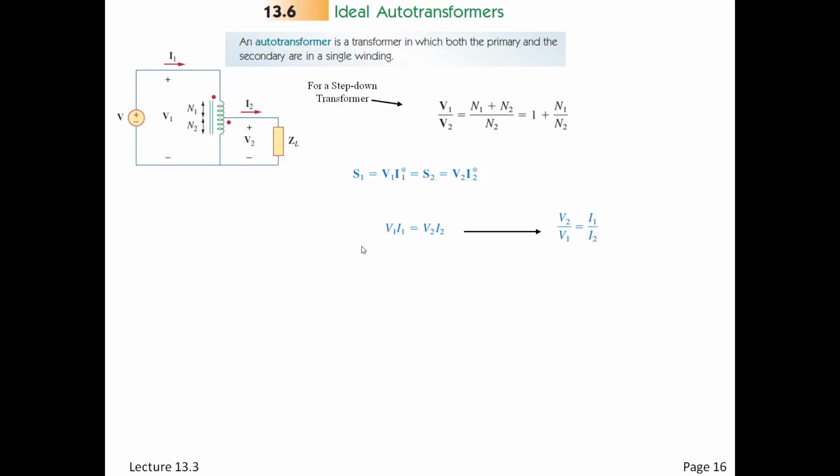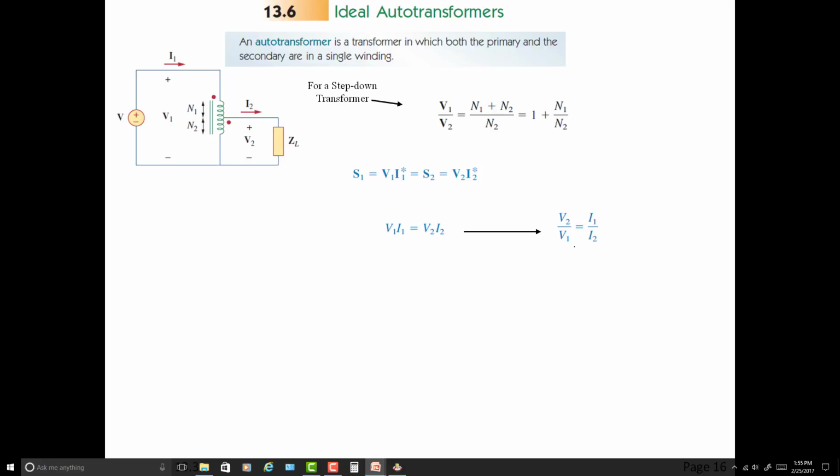Taking that relationship just reinforces, in another way, the idea that the turns ratio for current and voltage are inverted.